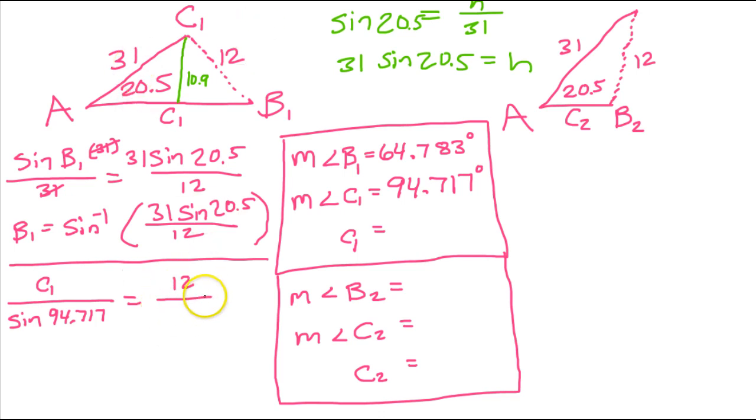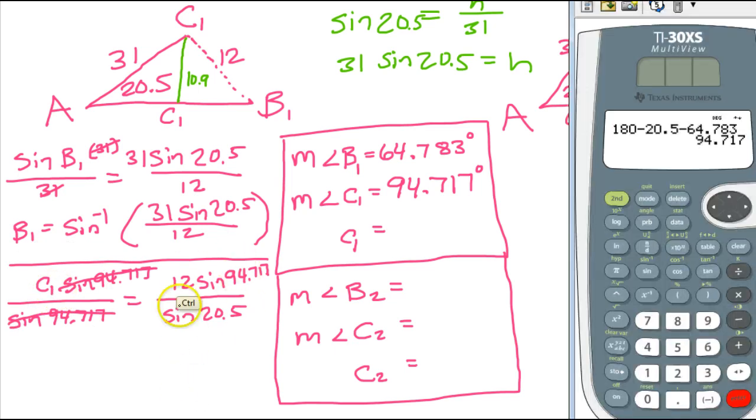So 12 over the sine of 20.5. I can get C1 by itself if I multiply by sine 94.717 on both sides. That way these will cancel out, leaving C1 by itself.